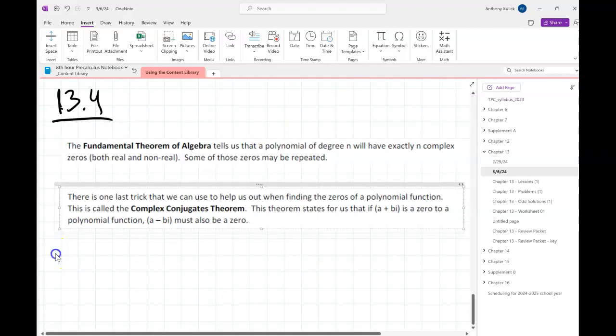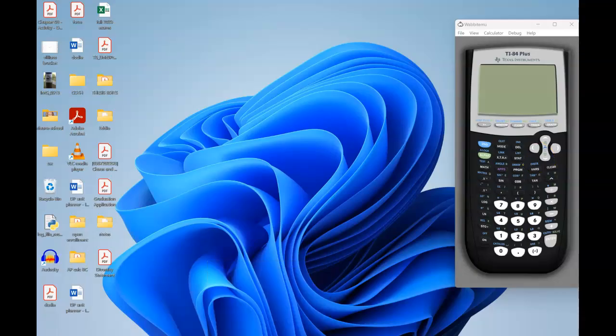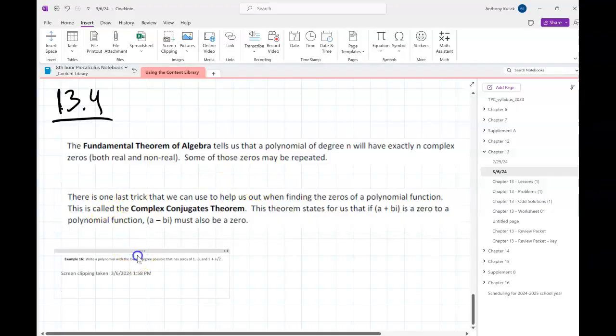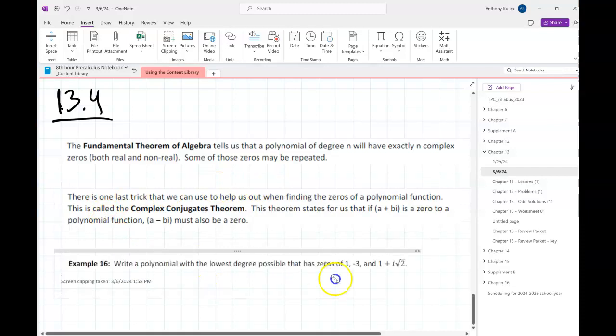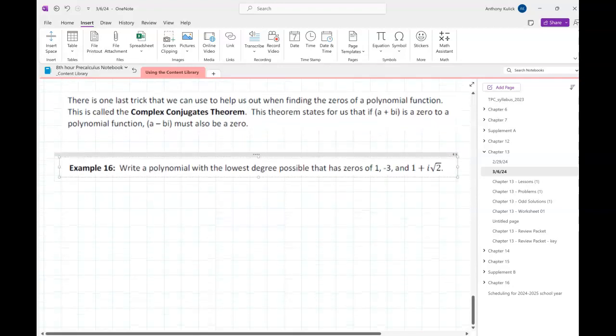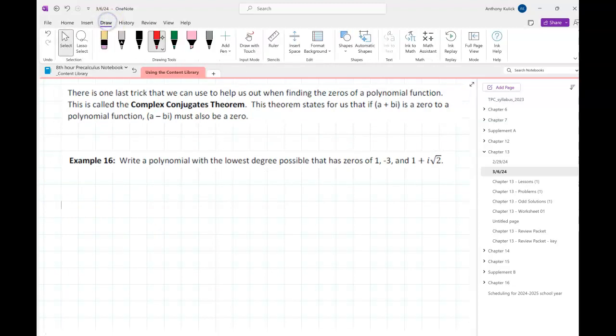The other place where we can apply this complex conjugates theorem is in building a polynomial from its zeros. So let's look at an example of doing that. Let's say we want to write a polynomial that has the lowest degree possible and has the zeros 1, -3, and 1 plus i root 2.